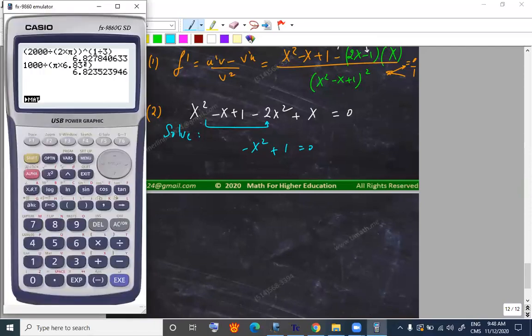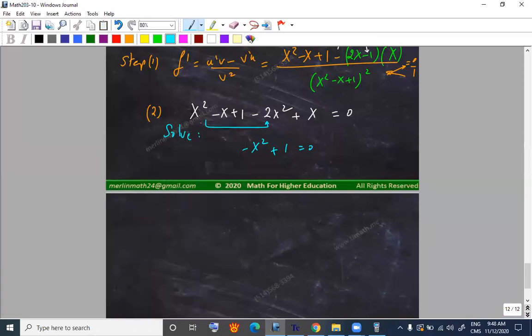If I want to take off the minus, I push it to the right side. So x squared equals 1. Put a radical on both sides. You get x equals plus or minus 1. So the critical values are the values obtained. Any question? The critical values are x equals 1 and x equals minus 1.